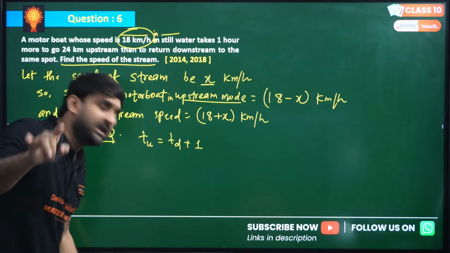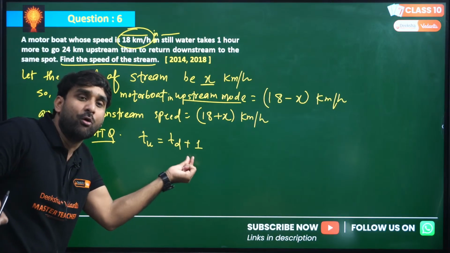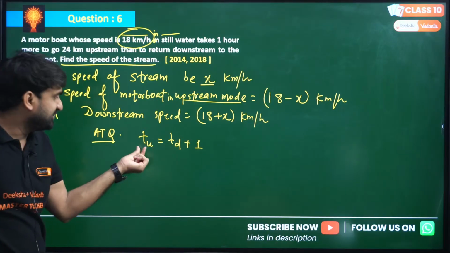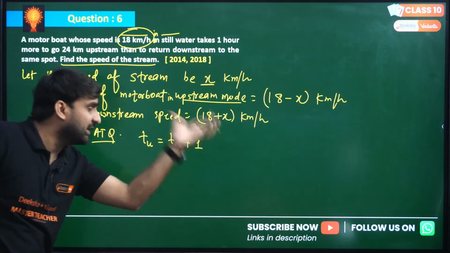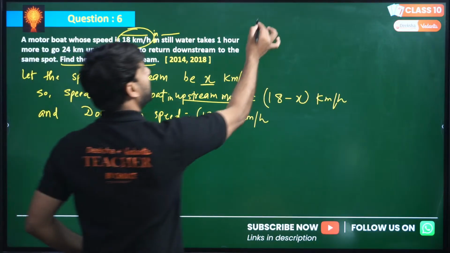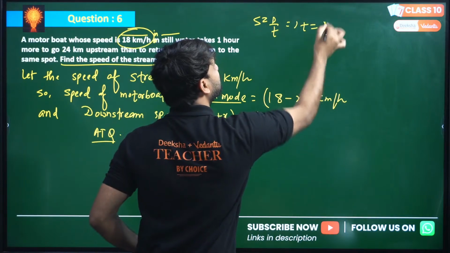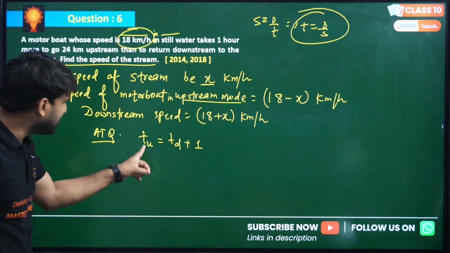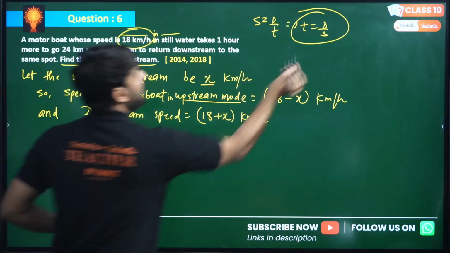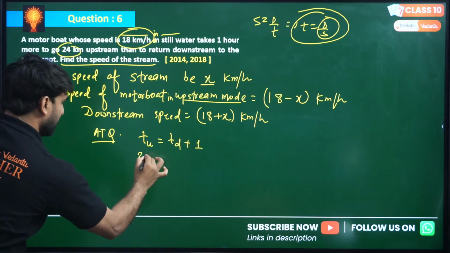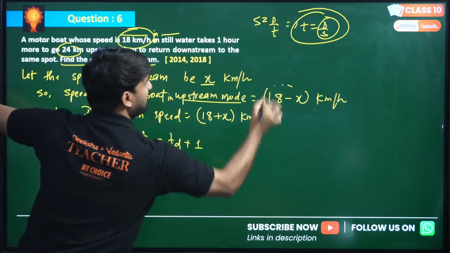So a boat is taking one hour more to go in the upstream direction than downstream. So this is T upstream and T downstream plus 1, I am writing here. And you all know, my dear, speed equals distance upon time. So time can also be written as distance by speed. So for upstream, distance by speed. The distance is 24 km, so we can write here 24 and the speed in upstream is 18 minus x.